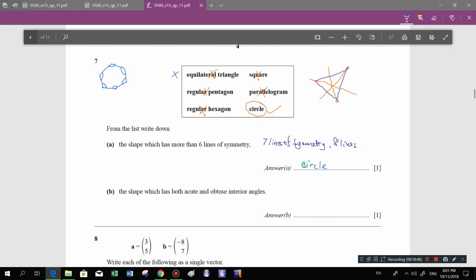Regular pentagon is more than 90 degrees. For this, to get the interior angle it is 5 minus 2 times 180 divided by 5, so it's 3 times 180 by 5.